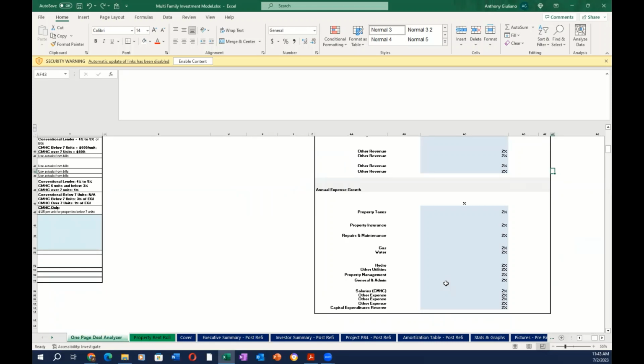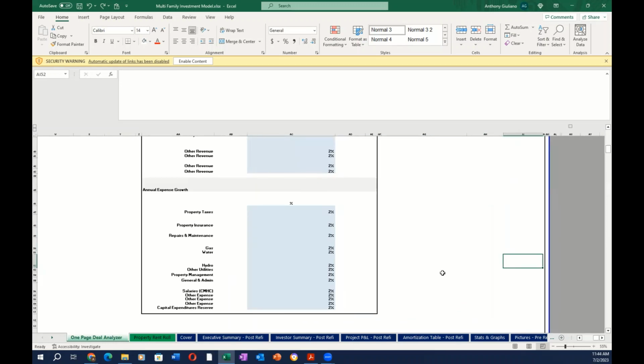I'm making a very general assumption that expenses will grow at the rate of the long-term inflation rate of like 2%. You may want to assume that capex reserve maybe should increase at 4 or 5%. Utilities, maybe you've noticed in the past they increased at 6 or 7. I mean, this is all for you to underwrite and help to create a projected financial statement.